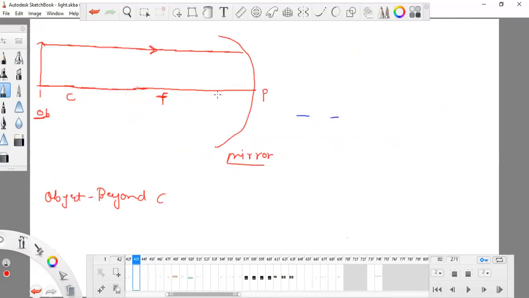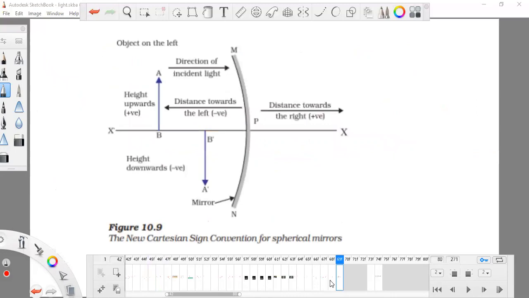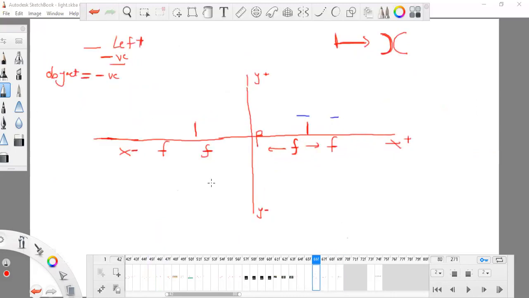The distance between p and f is known as the focal length. We studied this many times. This distance is different for different types of mirrors. For a concave mirror, f is on this side, and for a convex mirror f is on this side. It is predetermined. And there is c, which is on this side for one and on this side for the other.